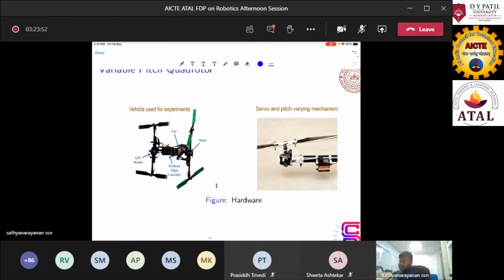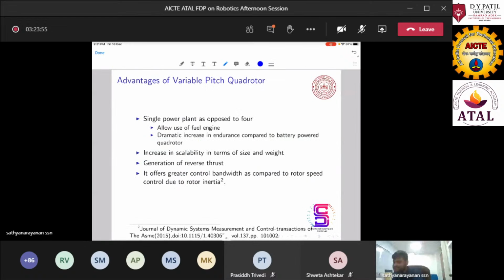So I will quickly say what the main advantages of this are. As I said, all four are rotating at the same speed. It is powered by a single power plant, which can be a fuel engine. If you are using a fuel engine, then you can have a higher flight time as compared to a battery.